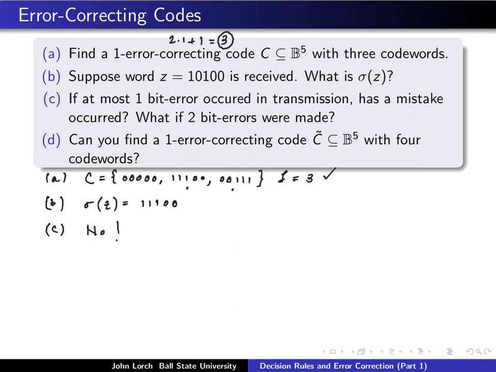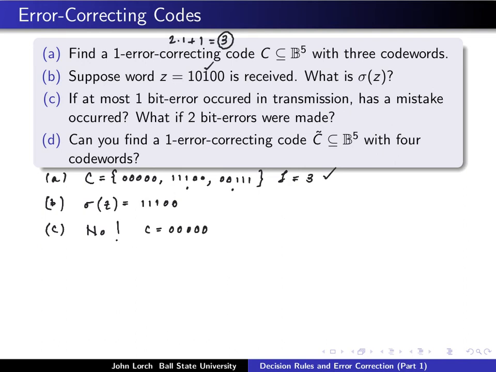Now for the second part, what if 2-bit errors were made? If we go back to our code, we see what code word, when we make 2-bit errors, could yield this z. That code word is C equaling 0, 0, 0, 0, 0.